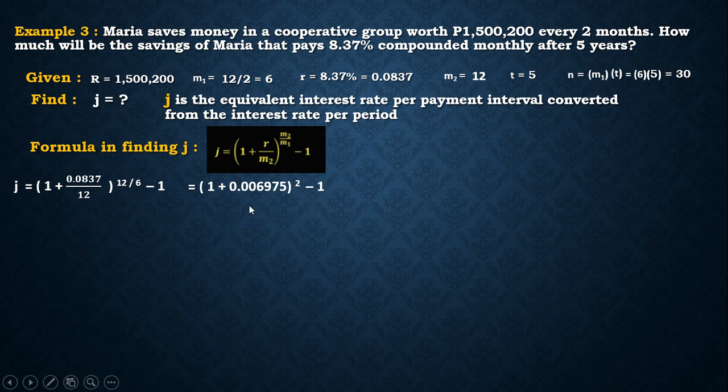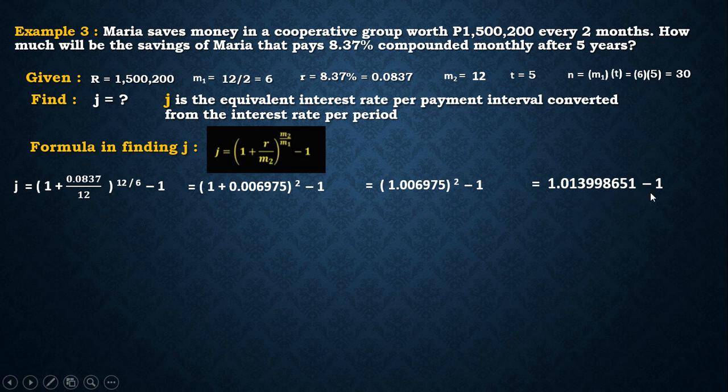Ang next step po natin, i-add po natin itong dalawa. 1 plus 0.006975. Wala pong gagalawin dito at dito. It becomes 1.006975. Next step, we have to convert 1.006975 raised to 2. So it becomes 1.01399861.